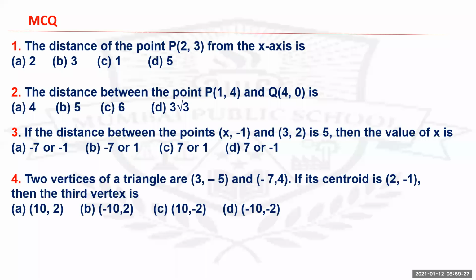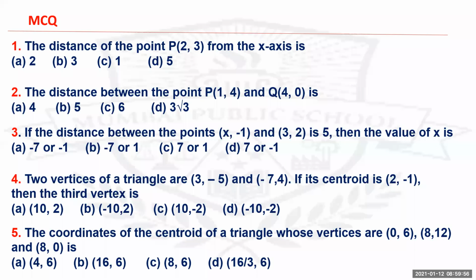The two vertices of a triangle are (3, minus 5) and (minus 7, 4). If its centroid is (2, minus 1), then the third vertex is: option A (10, 2), B (minus 10, 2), C (10, minus 2), D (minus 10, minus 2).